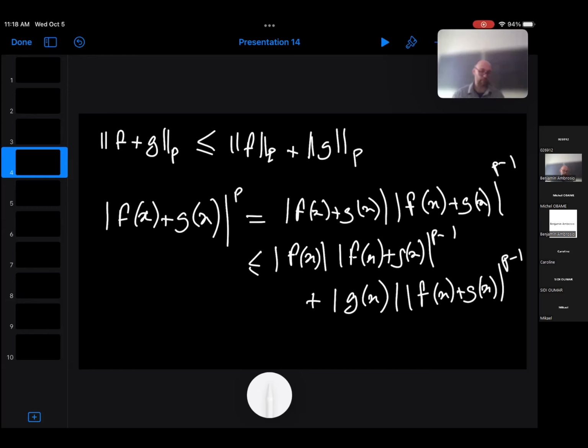All right. Now what I am going to do is apply the Holder inequality to those two terms here and here.